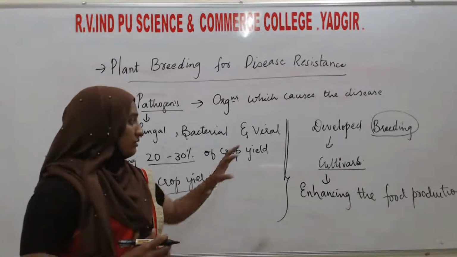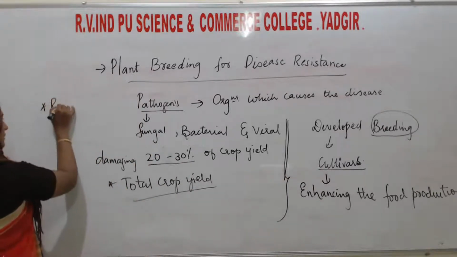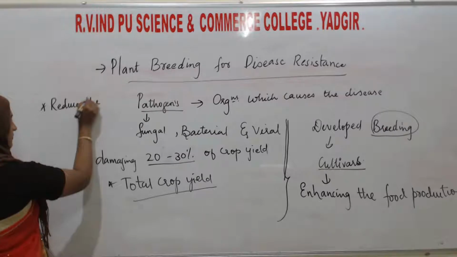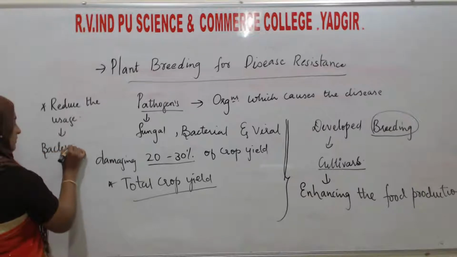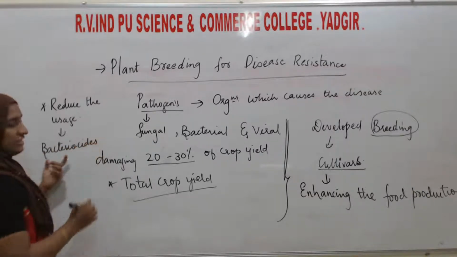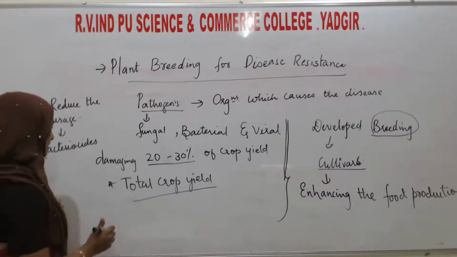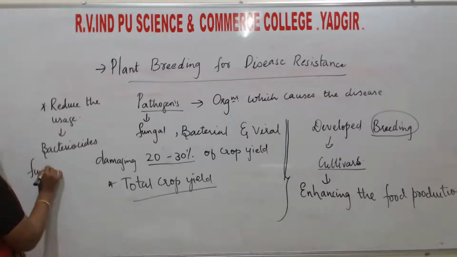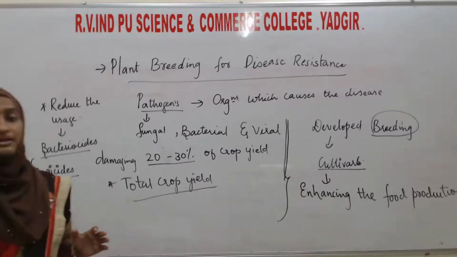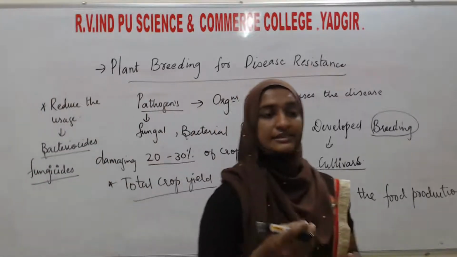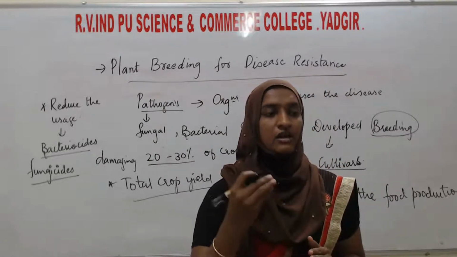So let's see. By using this technique they may also reduce the usage of what? Of bactericides. Bactericides means some chemical substances which are used for killing the bacteria, as well as fungicides. Fungicides are chemical substances which are used to kill the fungal infection or fungi which cause disease in the plants, as well as certain chemical substances which kill the bacteria.